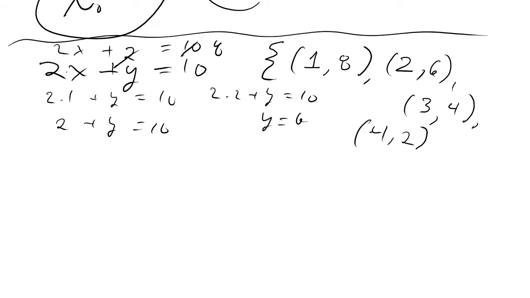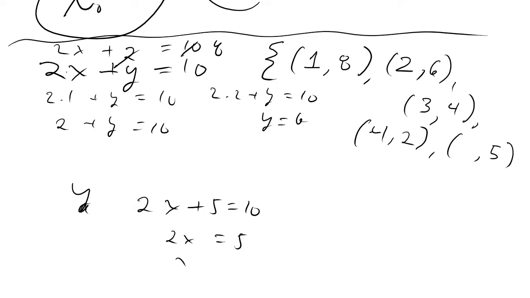Because what if I try to find one that has y as an odd number? It's not that it's not allowed, but now it would be 2x plus 5 equals 10. I can solve that. Subtract 5 from both sides, x equals 2.5.